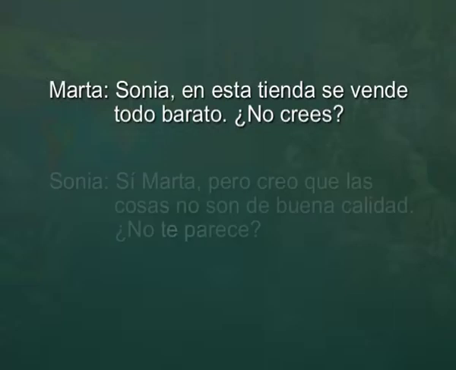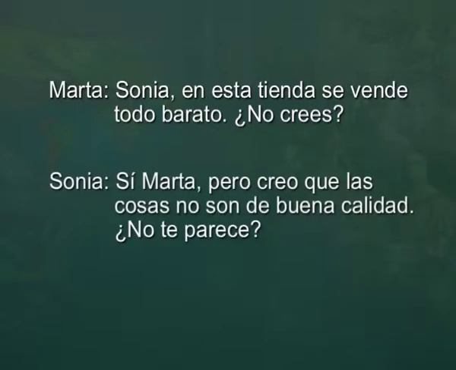And Sonia is reacting, saying, sí, Marta, pero creo que las cosas no son de buena calidad. ¿No te parece? But I think they are cheap, but they are not of good quality. ¿No te parece? Don't you think so? And Marta says, pues no lo sé. Well, I don't know.